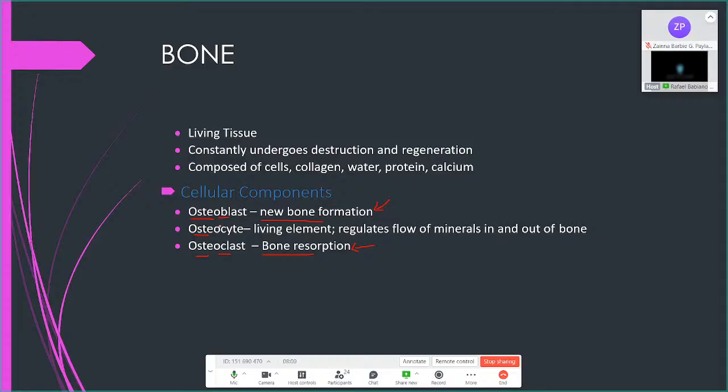At the same time, it regulates the flow of minerals in and out of the bone. Minerals are very important in our bone; they make it stronger. The osteocytes are in charge of mineral storage. So osteocytes, osteoblasts, and osteoclasts.